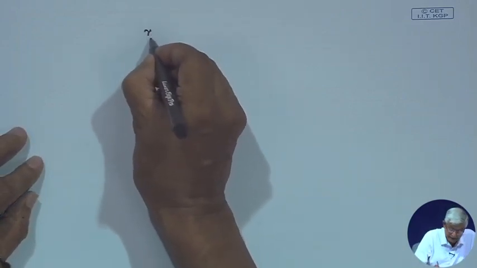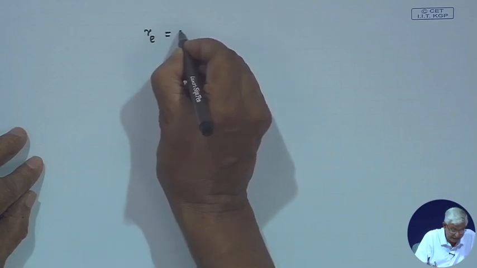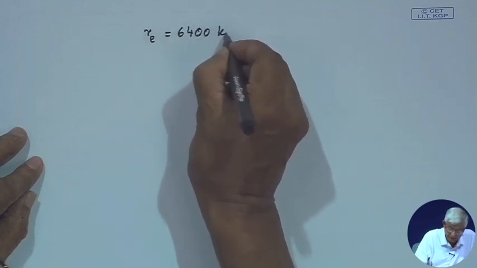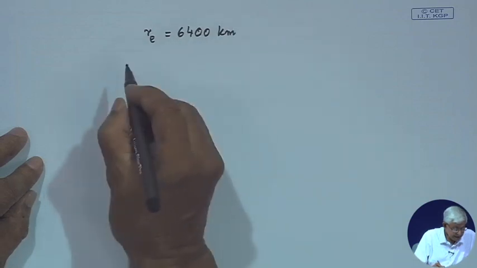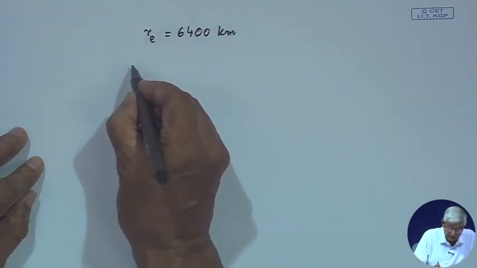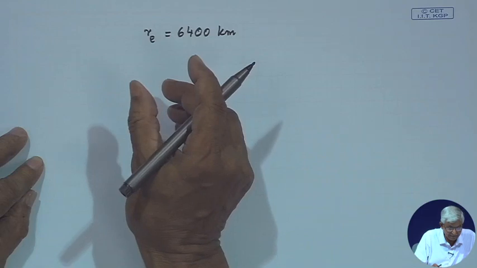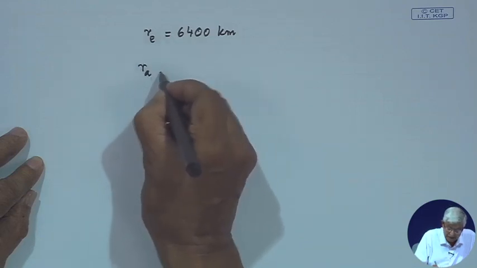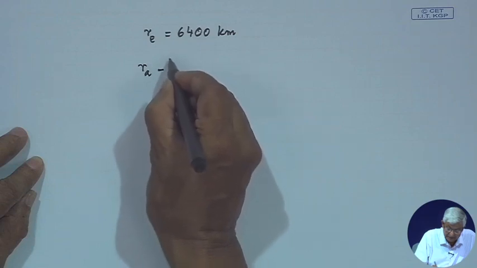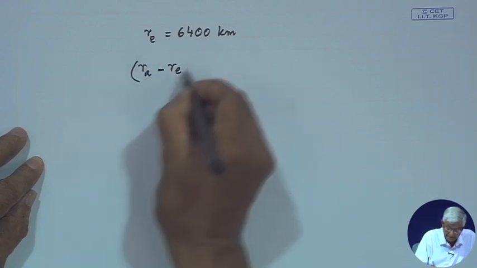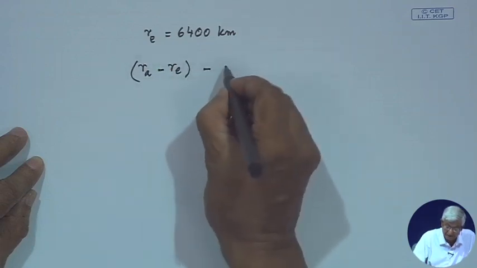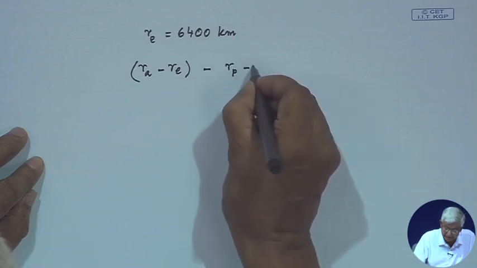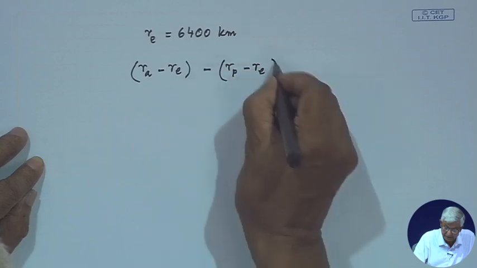Let us take R_E, the radius of the Earth, which is given as 6400 kilometer. So, the distance from the farthest point is apogee distance minus the radius of the Earth, and the difference with the nearest point, that is perigee distance minus the radius of the Earth.